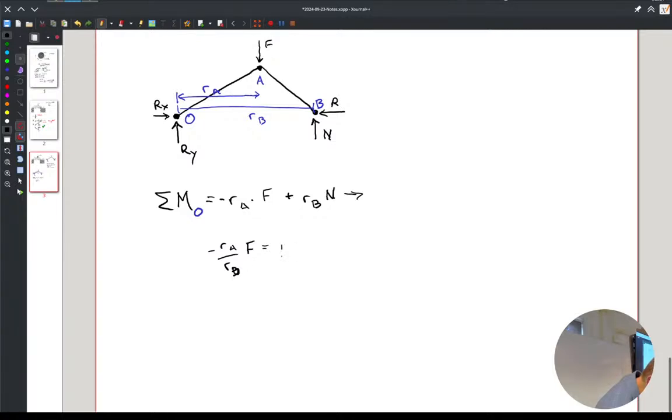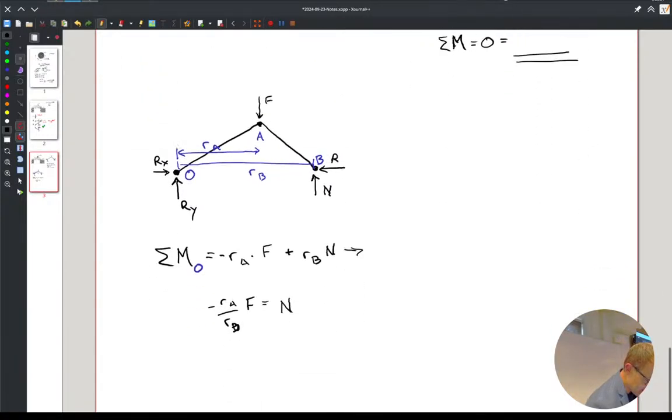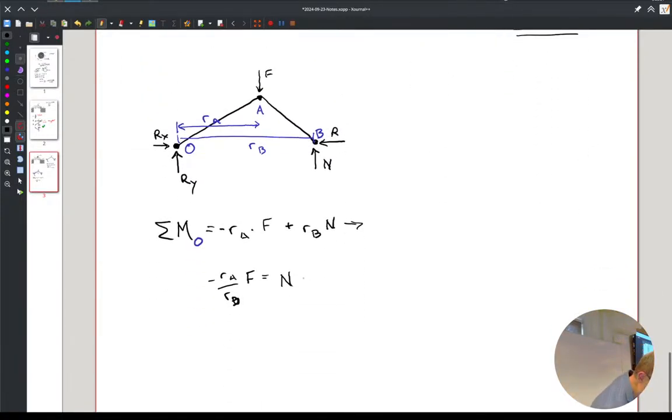Because I know what F is, I can solve for N. So that normal force is now going to be, what are these distances? 40 and 70. 100 Newton, not 100 N's.